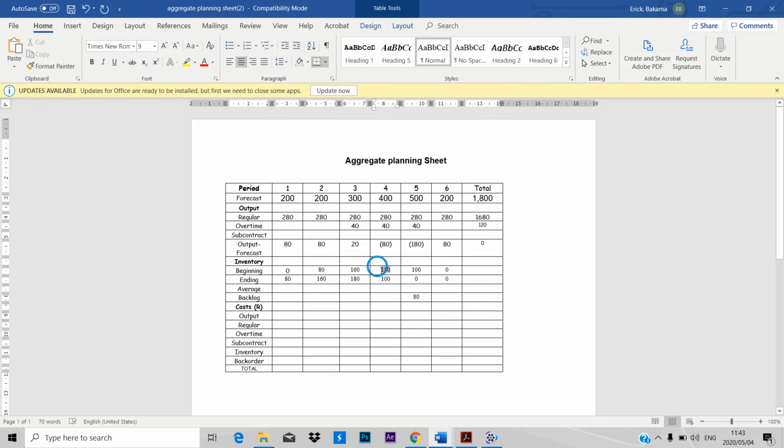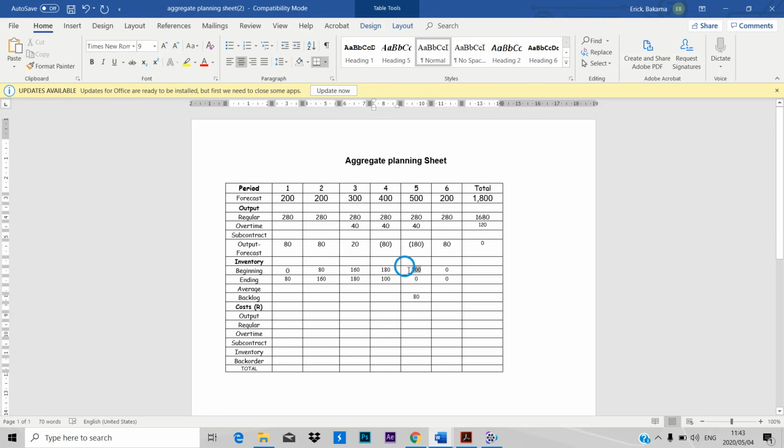Now we have 180 units, but then in period 4 there's a deficit of 80 units because the customer wanted 400, we got 320, and we still owe him 80 units. And this 80 units minus the 180 that we have in our inventory means we'll remain with 100 units. This 100 units that we remain with, we're going to start with them in period 5.